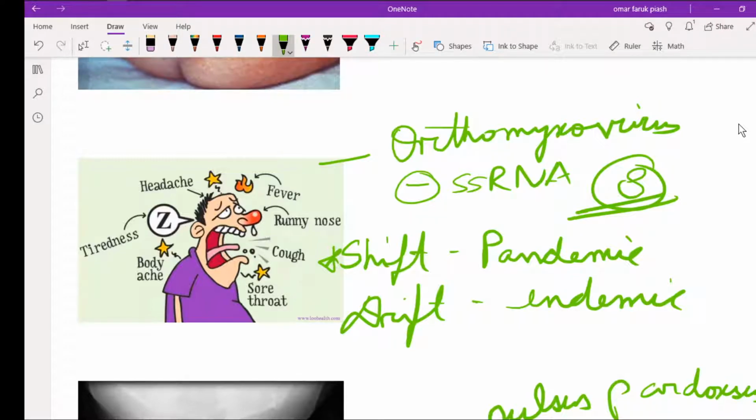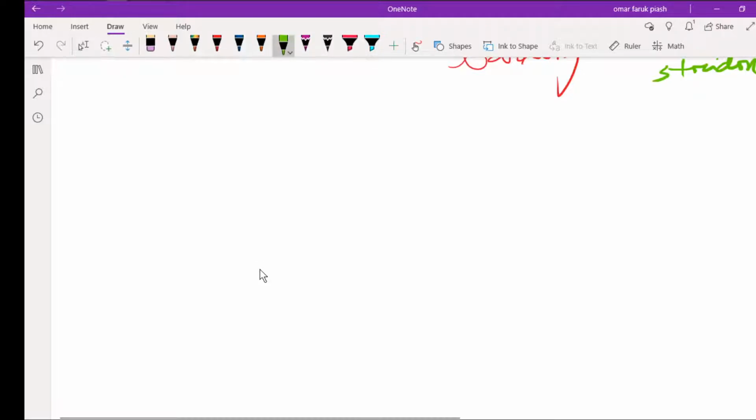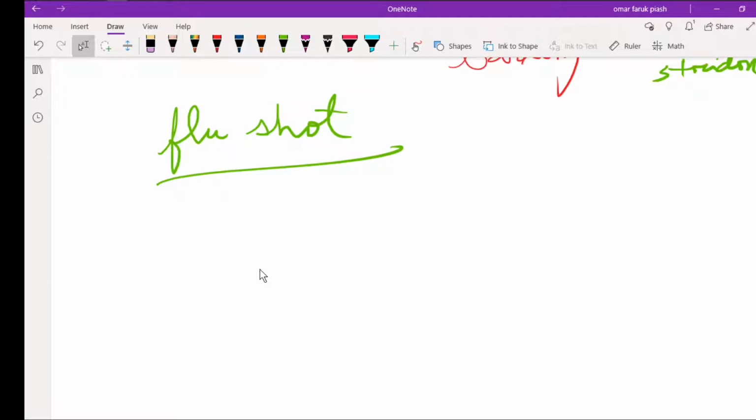For influenza virus there is a reformulated vaccine. The flu shot contains the viral strains likely to appear during the flu season.